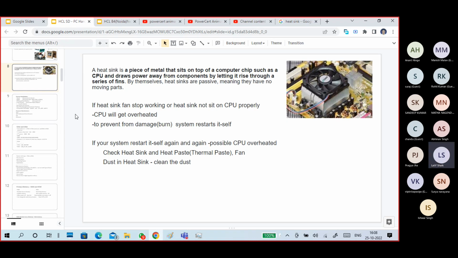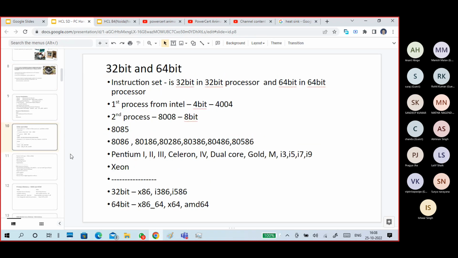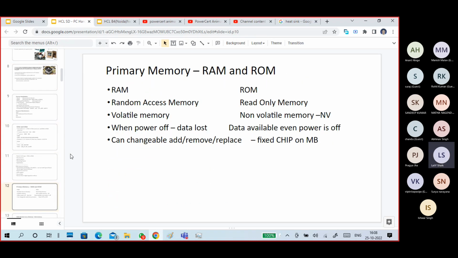So if you face frequent restarts on any desktop, first check the heat sink, whether the paste is applied properly, whether it is sitting properly, and whether the fan is running. Okay, this is about your CPU.